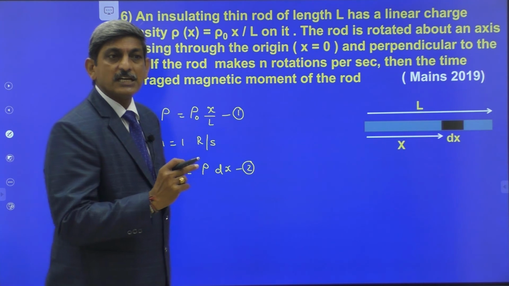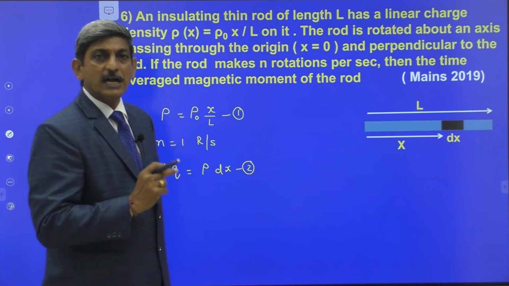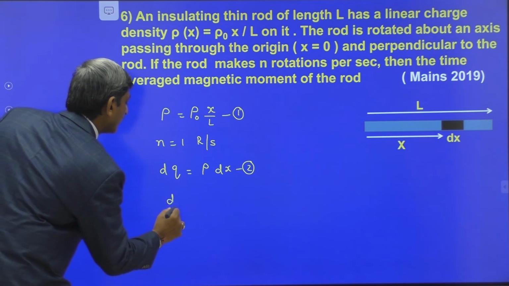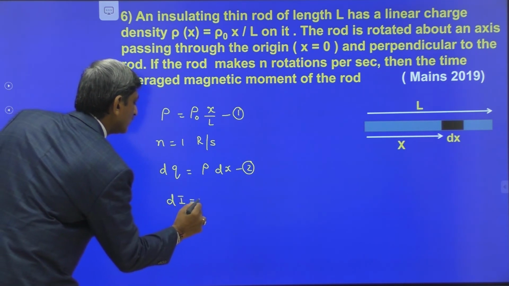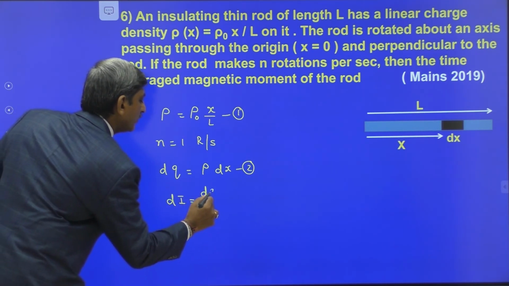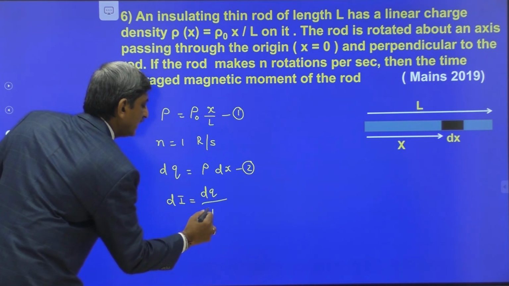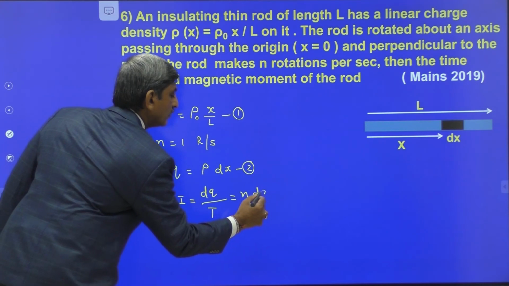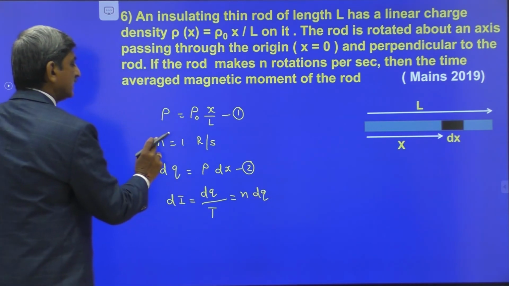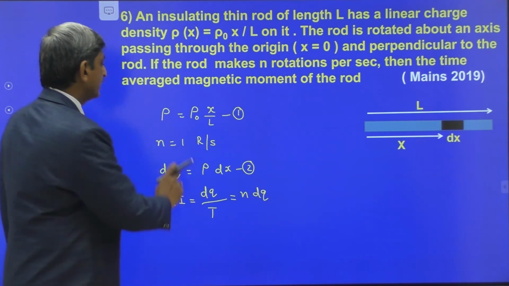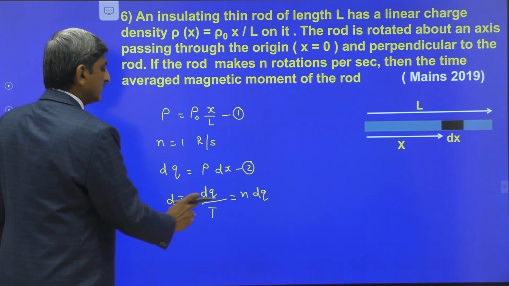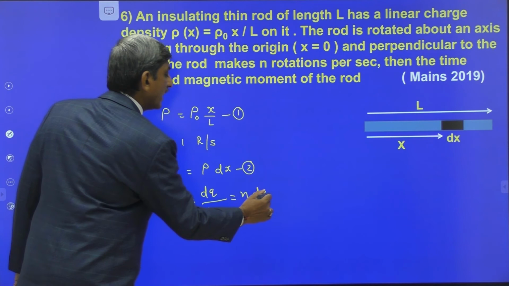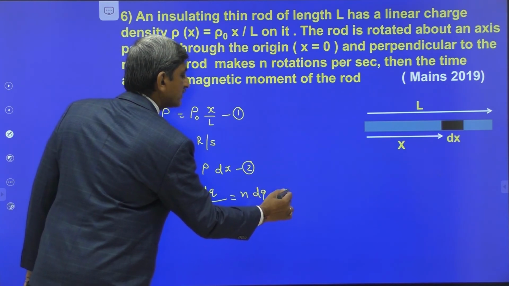That rotating charge constitutes some current, and the current equivalent of the charge is given by di = dq divided by T, which is equal to n dq. Why? Because here, instead of the time period, the frequency of rotation is given. That's why I write it in the form of the frequency. di = n dq. Let it be equation number 3.